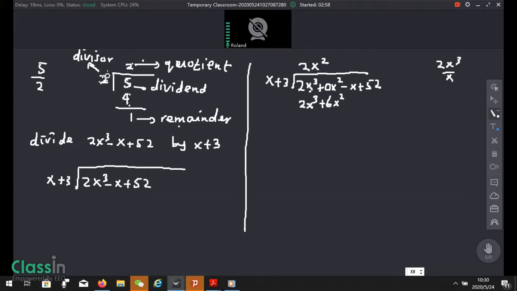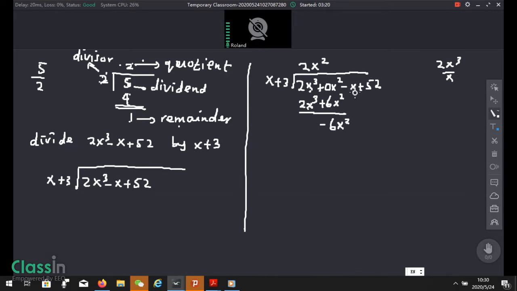Remember, when we multiplied 2 by 2, we subtracted 4 from 5. So the same procedure: we subtract 2x cubed minus 2x cubed, that goes to 0, and 0x squared minus 6x squared becomes negative 6x squared.